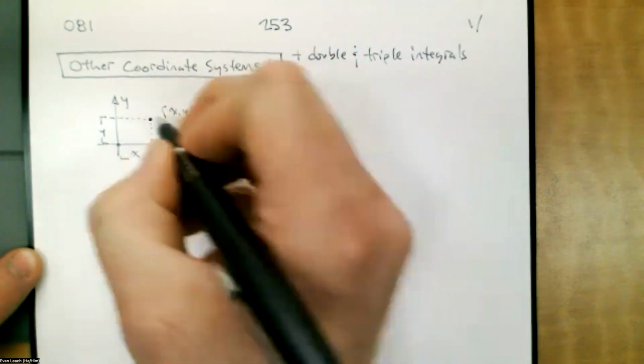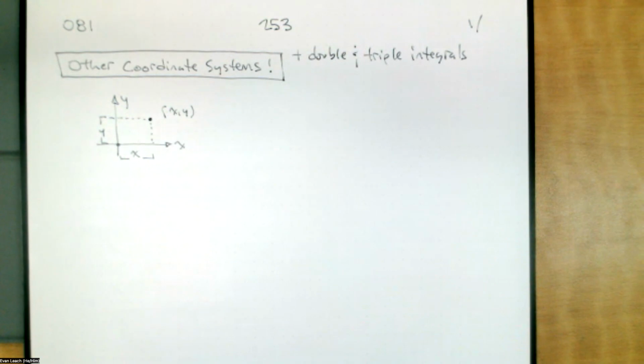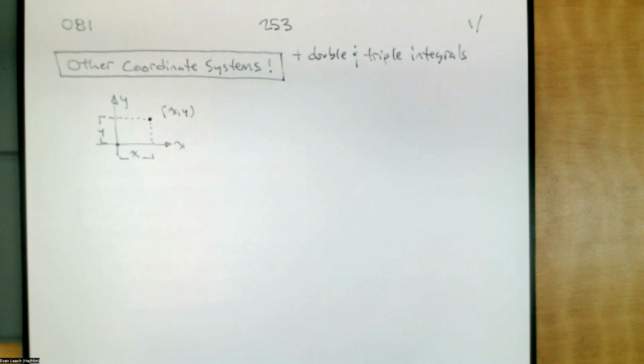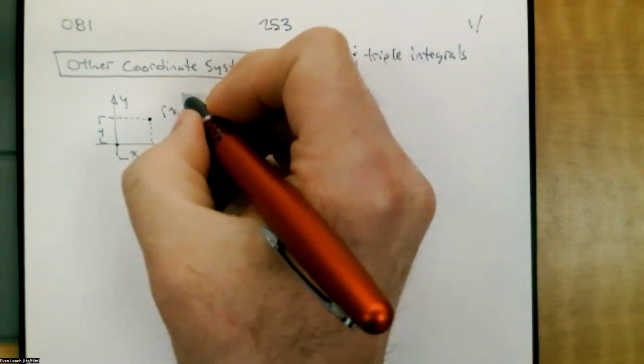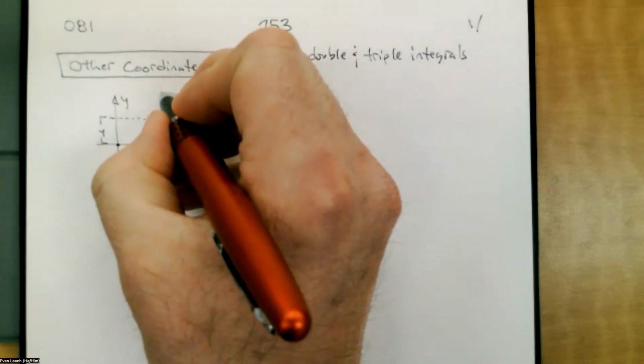And so that's how we locate points in R2. The thing that we want to note, looking ahead to double and triple integrals, is that we are using two distances. X and Y are both distances. So this would be like X meters and Y meters. These are both distances.